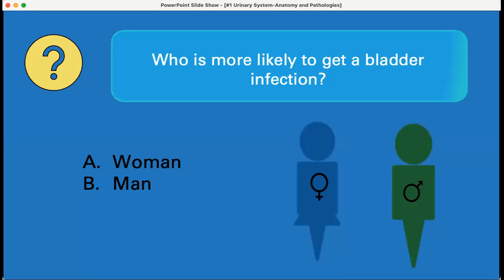So who is more likely to get a bladder infection, the woman or the man? The answer is a woman. The bacteria have a very short path to go from the external urethra to get up into the bladder.